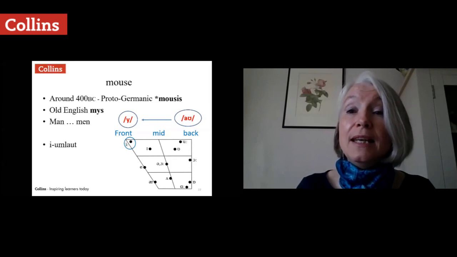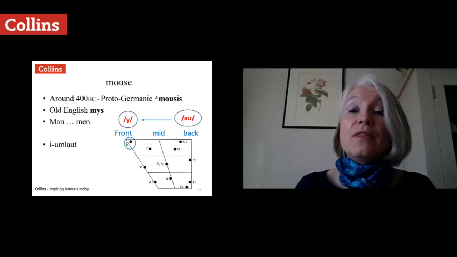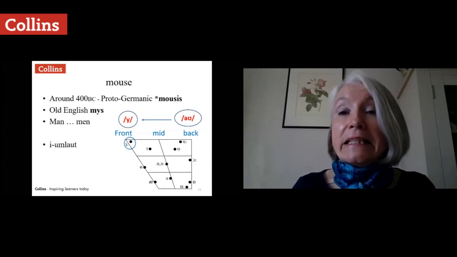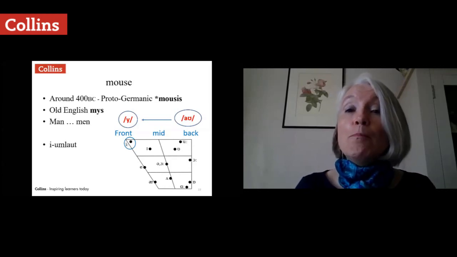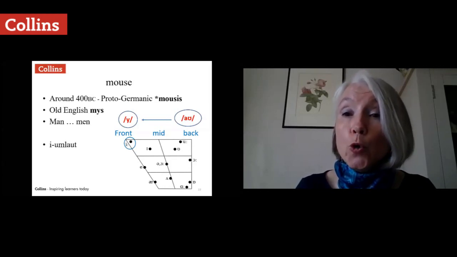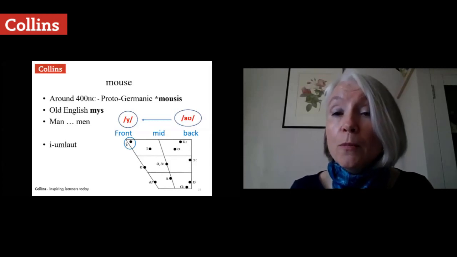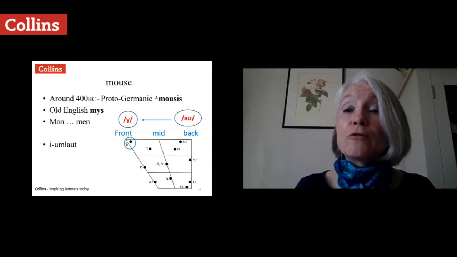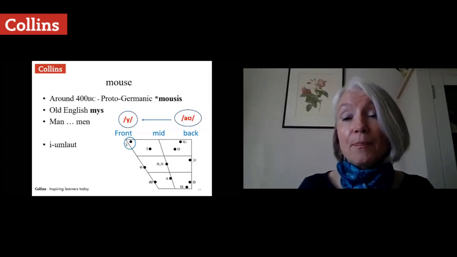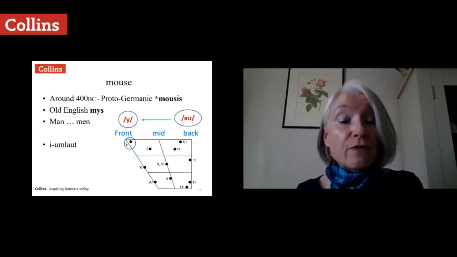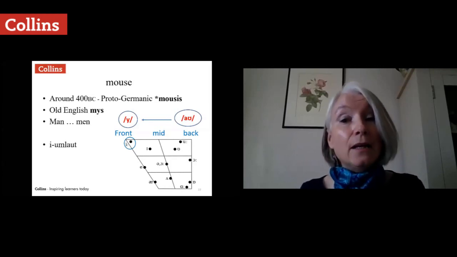So what linguists think happened is that the e in ease at the end of the word pulled the vowel in the first syllable oo to the front of the mouth. So the oo moved to the front of the mouth. It went from oo at the back to oo at the front. And then throughout the course of English, it then became E and I.